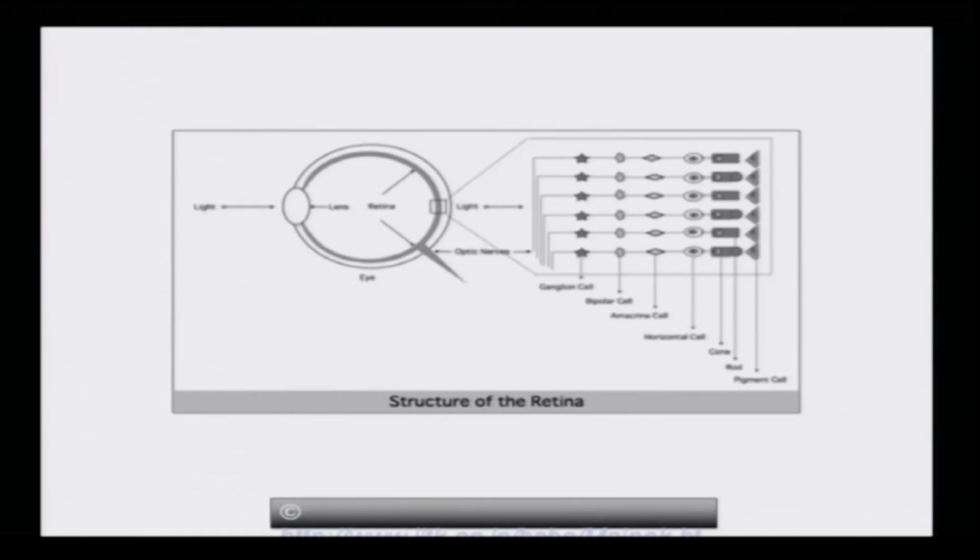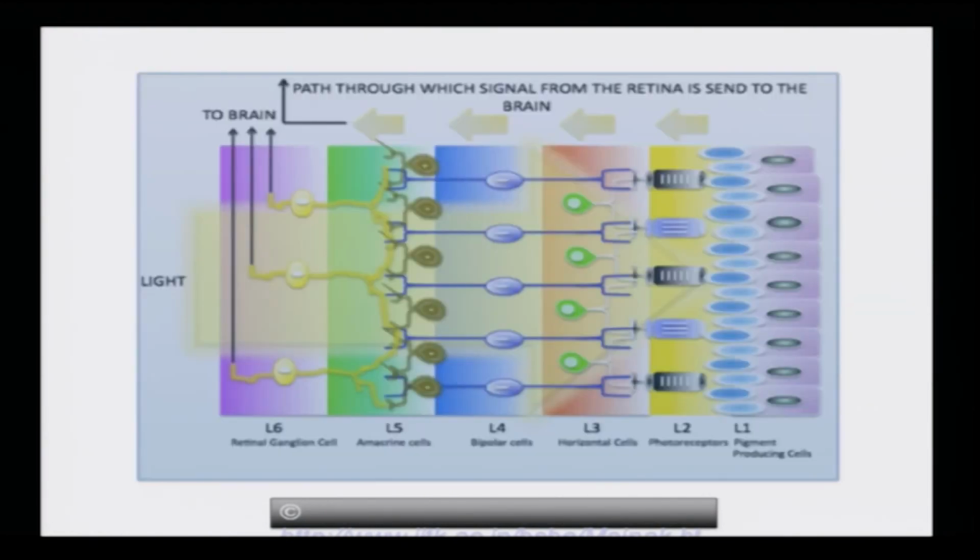This is the overall layout: the pigment epithelial cell, the rods and cones layer. Then you have the horizontal cells, the amacrine cells, the bipolar cells, and the ganglion cells. This is the complete layer dealing with the whole eye prosthesis, the whole structure of the eye.